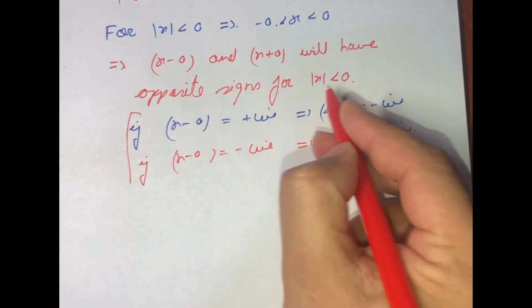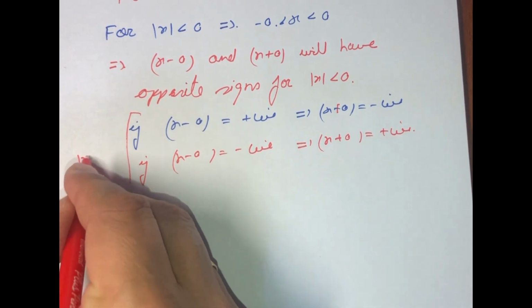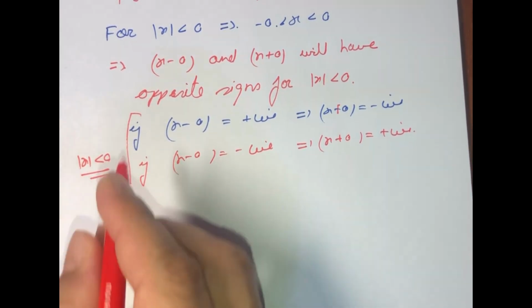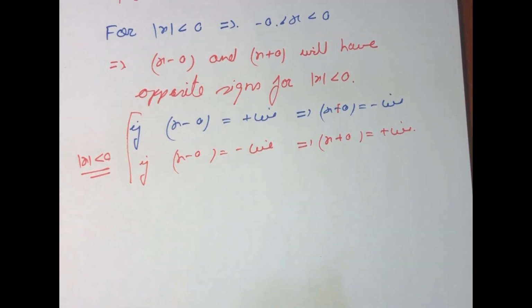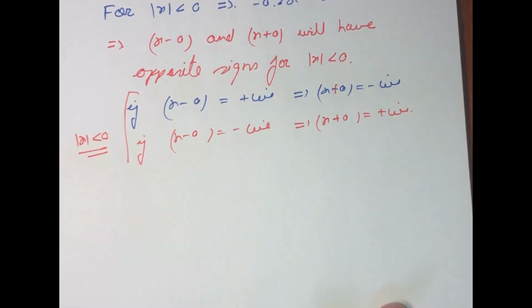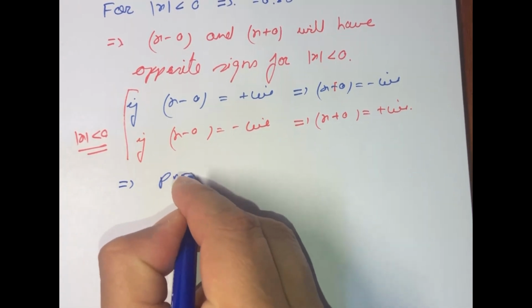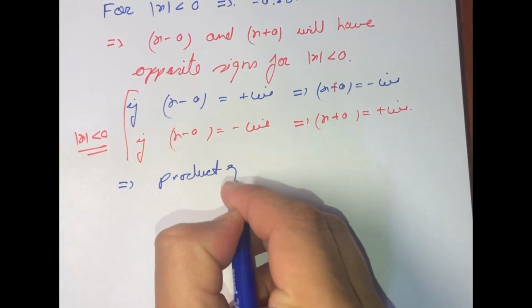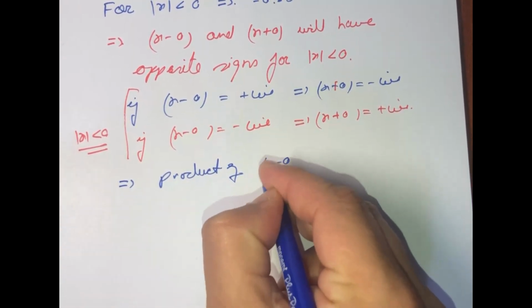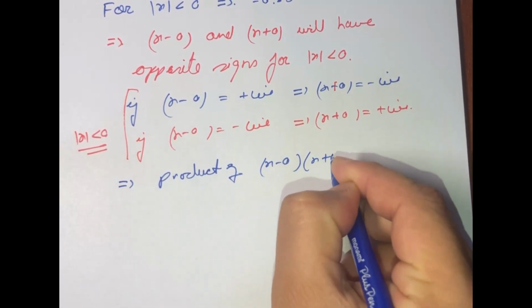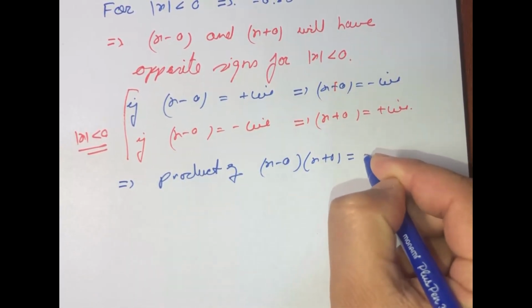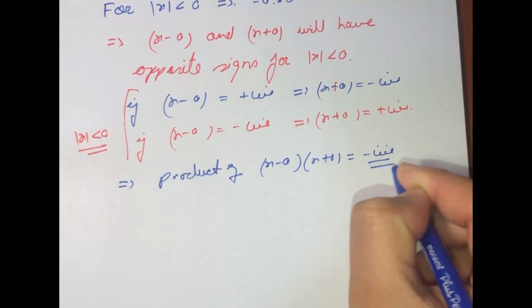These two conditions are based on modulus of x being less than a. As their signs are opposite, the product of x minus a and x plus a will always be negative.